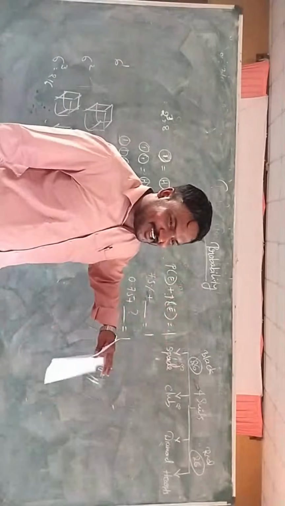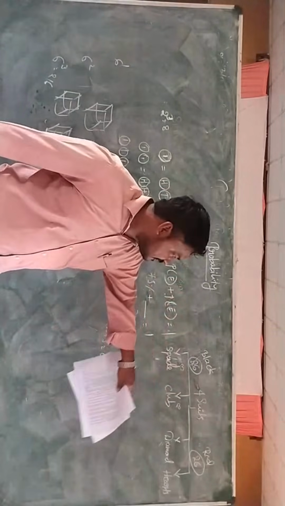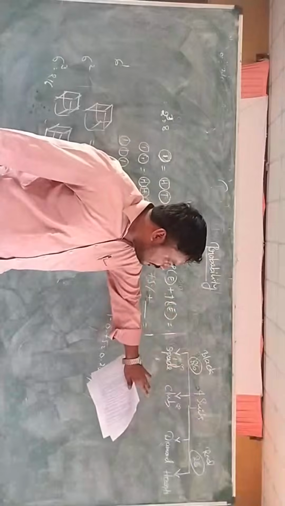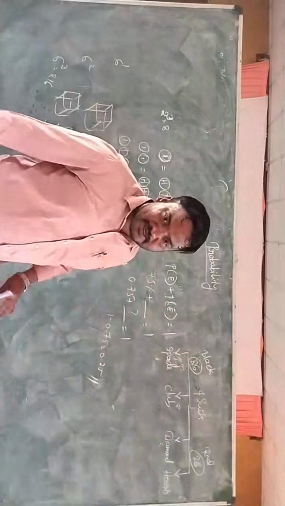Diagram they will not ask, don't worry. Spade, club, diamond, hearts. Spade and club are black in color, and diamond and hearts are red in color.